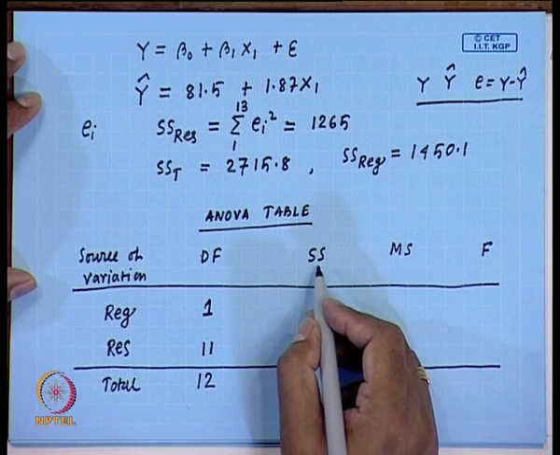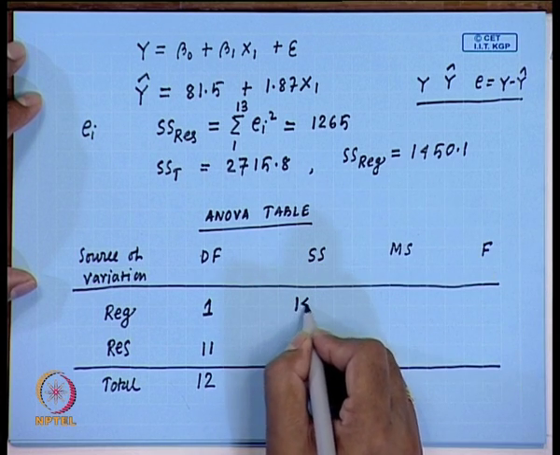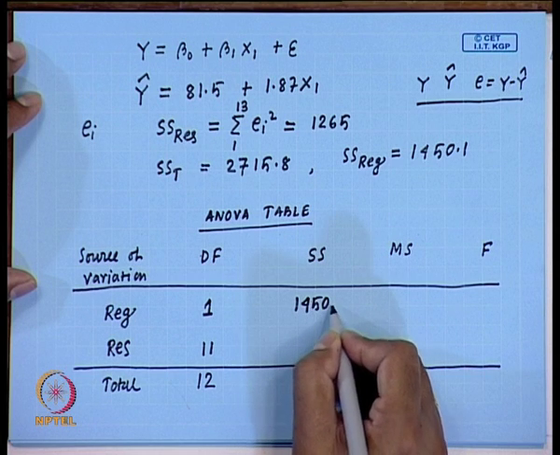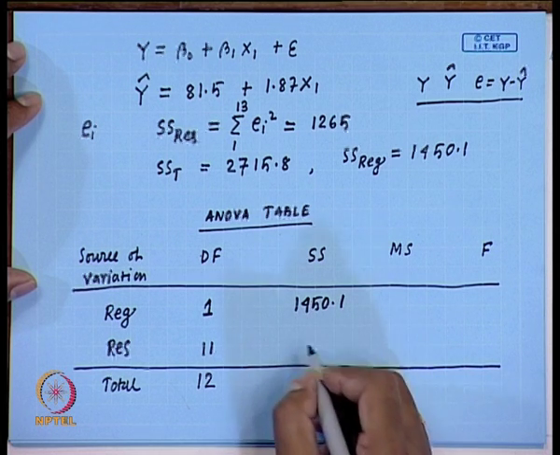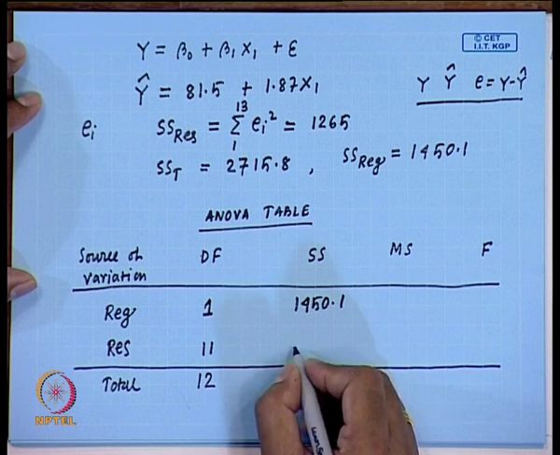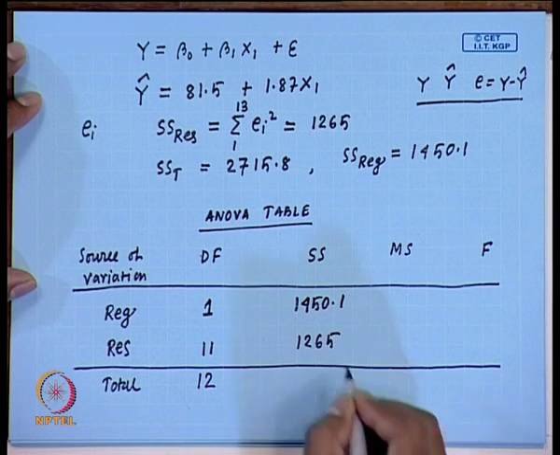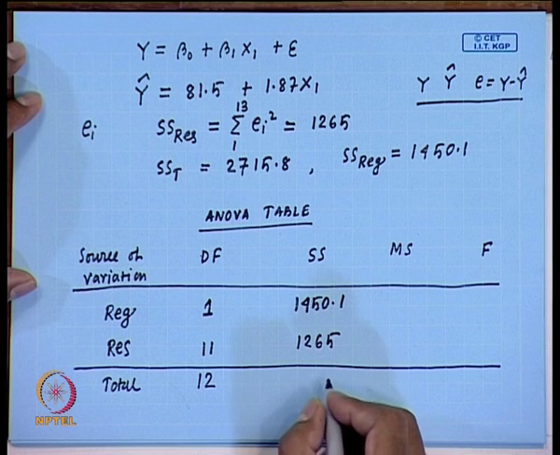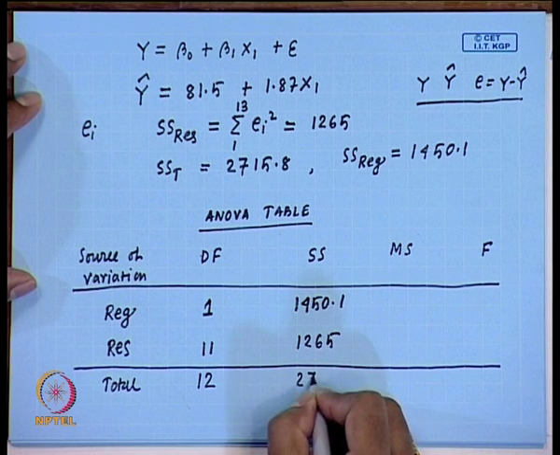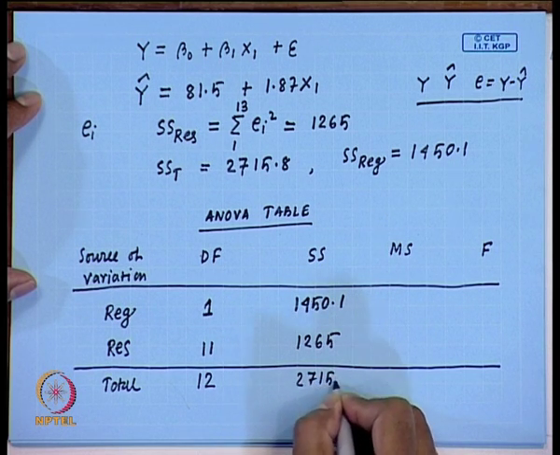The SS regression value is 1450.1, residual is 1265 and the total is 2715.8.